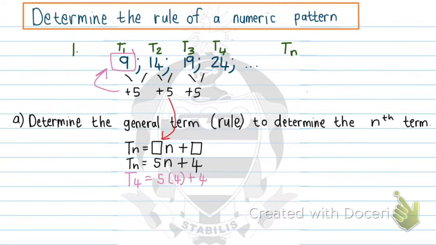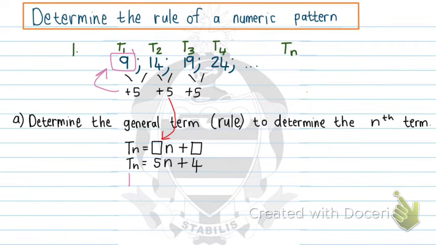If I have a 4 here, then I should have a 4 in the formula. 5 times 4 is 20, plus 4 is 24. Is that the correct answer for term 4? Yes, it is. So our rule is correct.